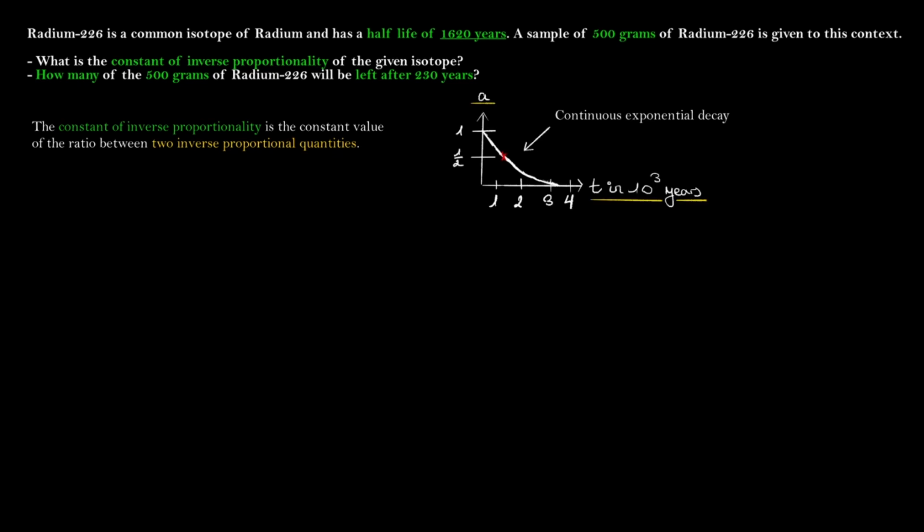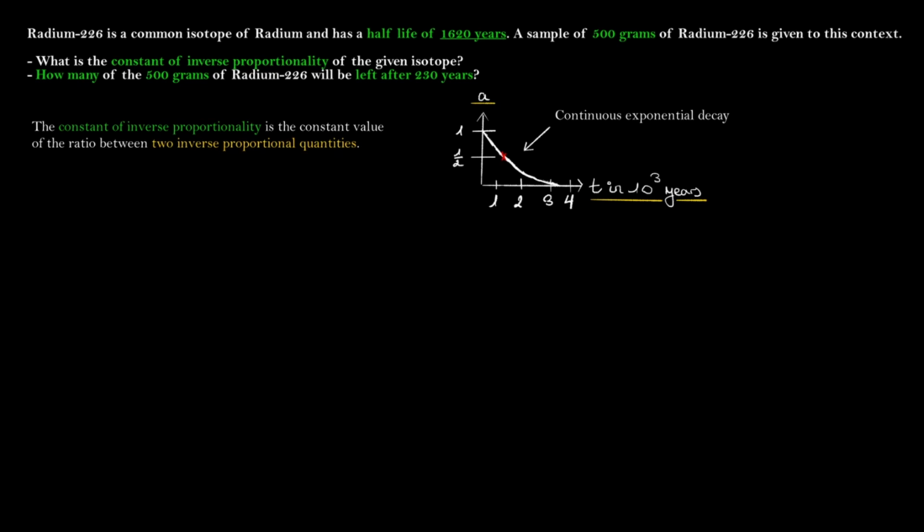Here our two inversely proportional quantities are A, the amount of radium we have, and T, our time in 10 cubed years. So we have an inverse proportion because if one quantity increases, so our time, the other quantity has to decrease.